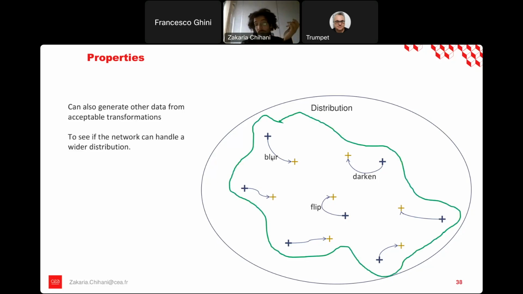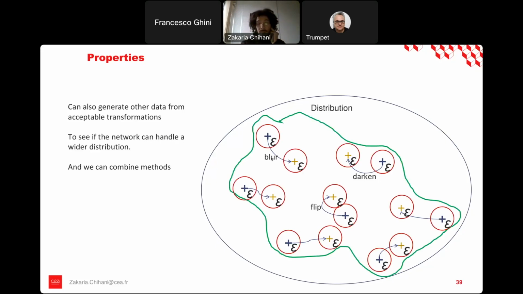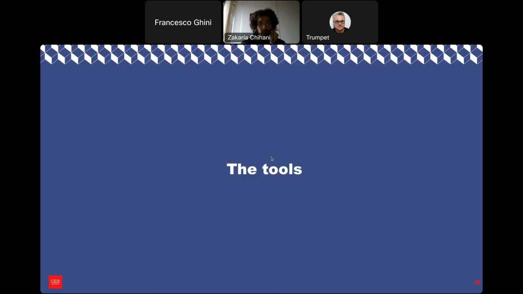And the same principle holds: you check if it's overfitting on the selected inputs that you give it. You can also combine the methods: you can generate and then verify around the inputs, etc. Right, so this is a general view on the properties and how to verify them.